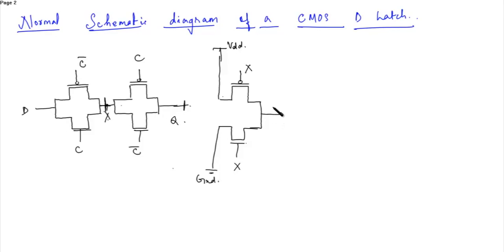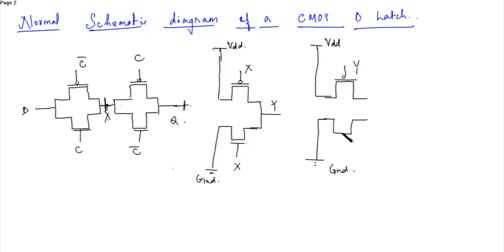Let's say the output was Y over here, so the input of the next inverter would be Y. This is connected to VDD, this is connected to ground. This is Y, this is Y, and this is the final output, that is Q.